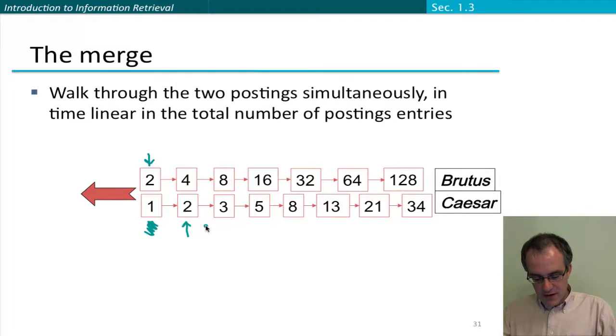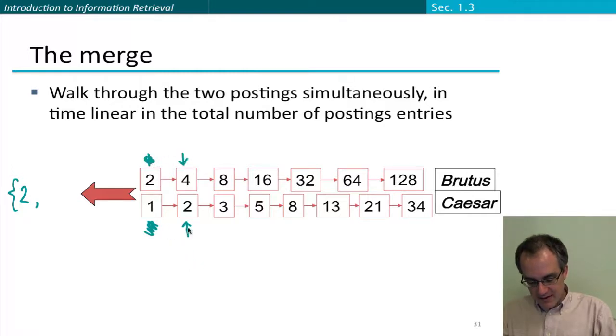So now our two pointers are like this, and we say, are the two pointers pointing at the same document ID? And here the answer is yes. So we put that into a result list. And then if we've done that, we can advance both pointers. We now say, are these pointers both pointing at the same doc ID?